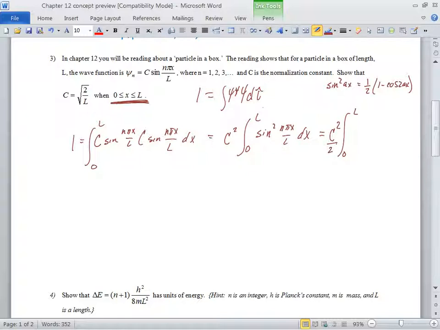Let's pull out the half and make it 2 integrals. I'm going to skip some stuff here. The integral of 0 to L of dx, minus the integral of cosine 2 n pi x over L.